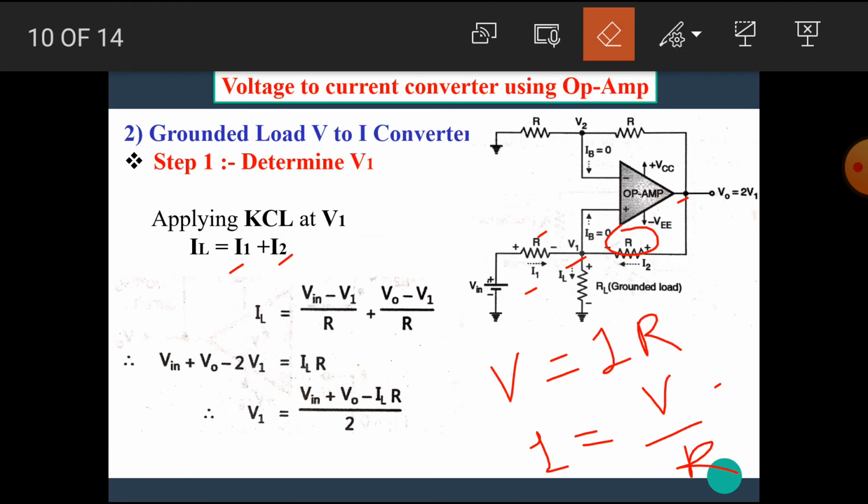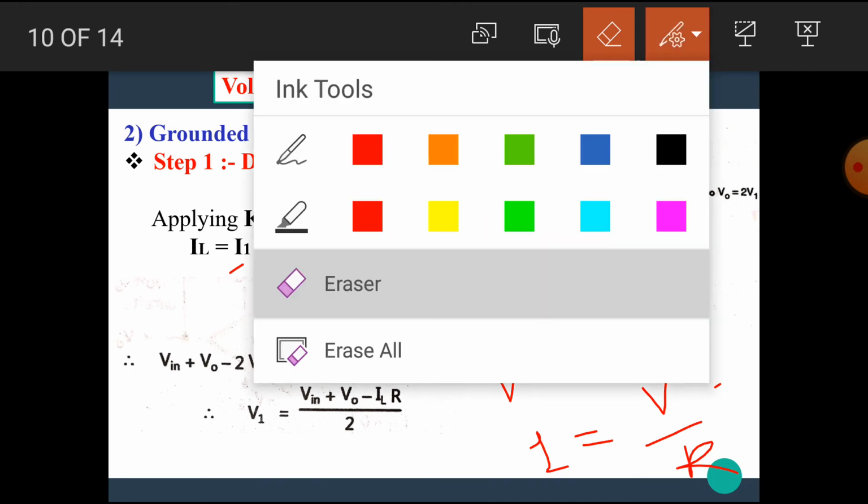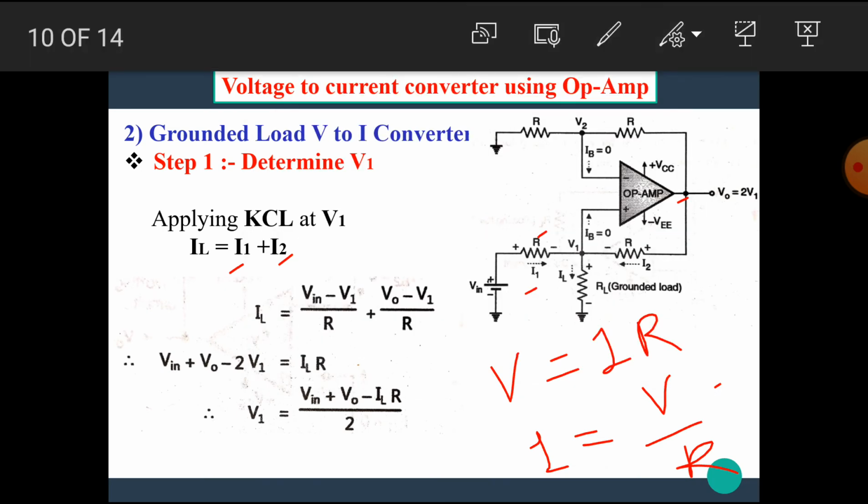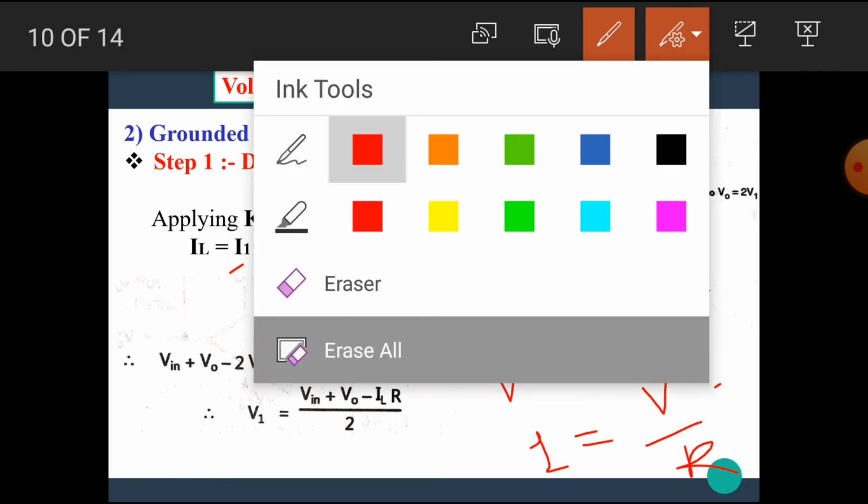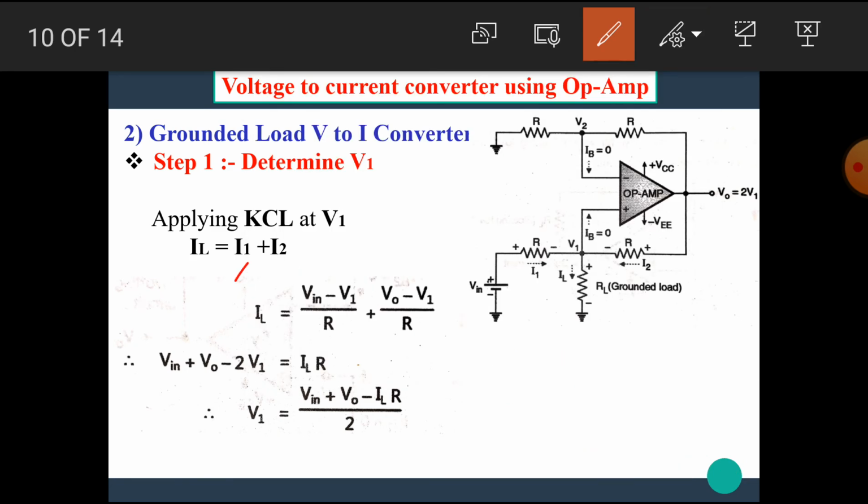Here the current direction is in this direction, hence we can write V0 minus V1 upon R. I hope you all understand how we put the value of I1 as Vin minus V1 upon R and how we put the value of I2 as V0 minus V1 upon R. Now let's simplify this.